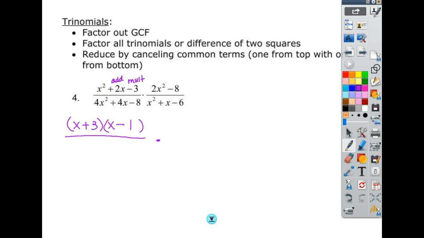The 3. Stop and check it if you need to. 3 times negative 1 is negative 3. Yes. 3 minus 1 is positive 2. Yes. Down here, what will they all divide by first? A 4, so make sure you write that 4. Then you get x squared plus x minus 2.